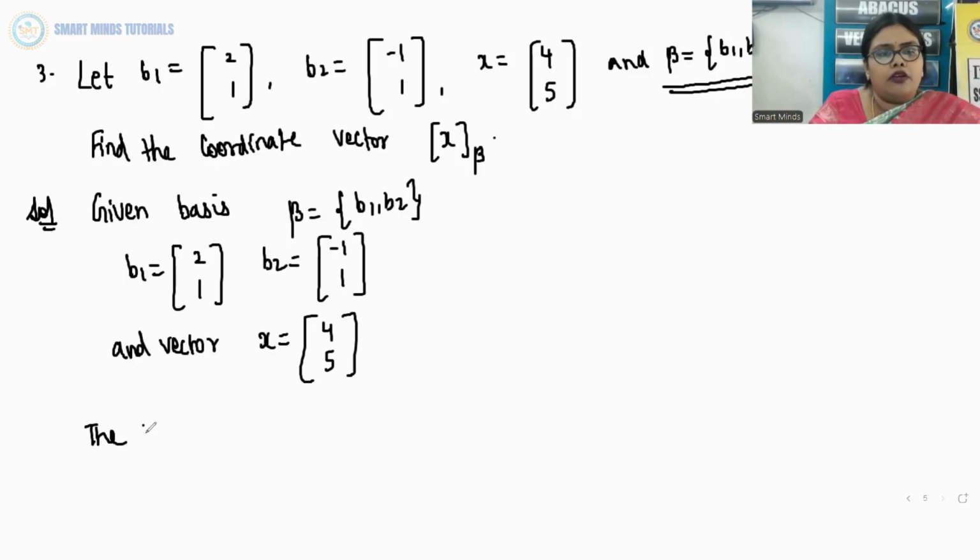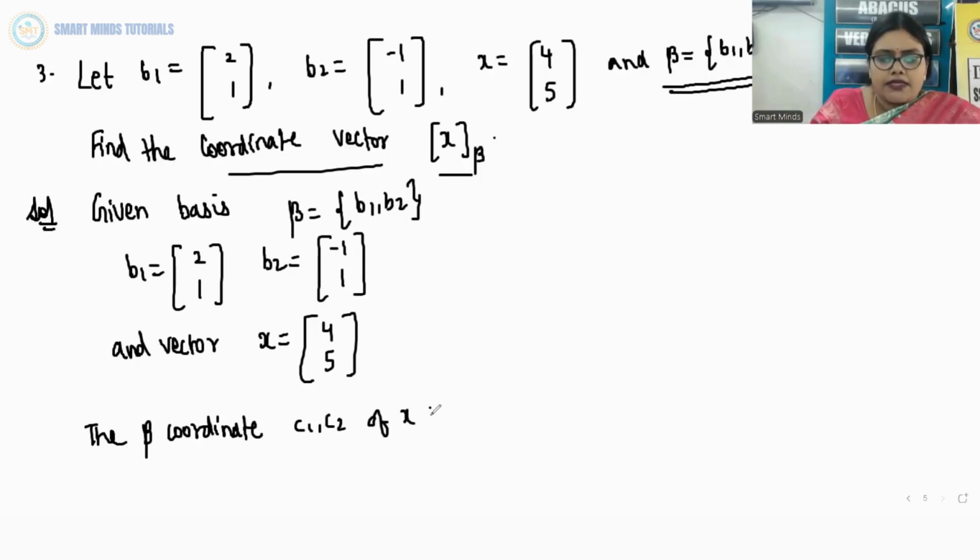Now, how to find out the beta coordinate? Whenever the coordinate vector x beta is given, that means we need to find the beta coordinates C1, C2 of x, where C1 b1 plus C2 b2 is equal to x.